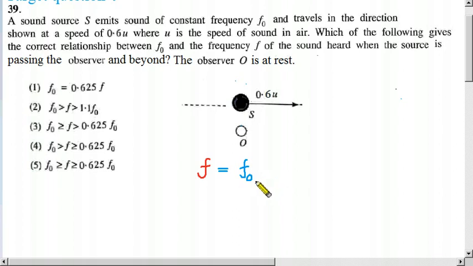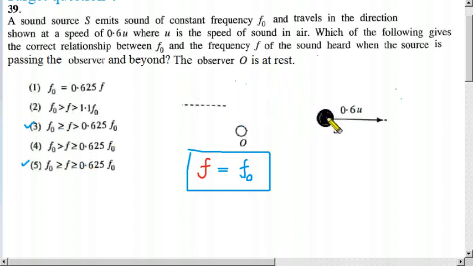It is given as f0. So that is the first thing. So the equal answers are the third one and the fifth one. After passing, what happens? After passing, the source is moving away.